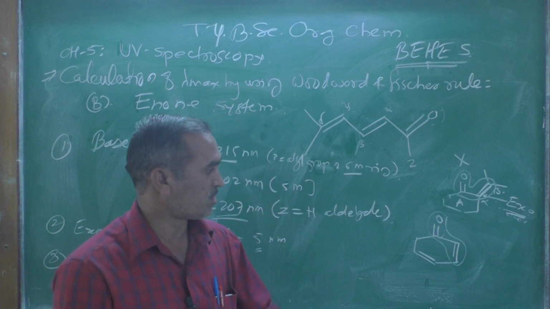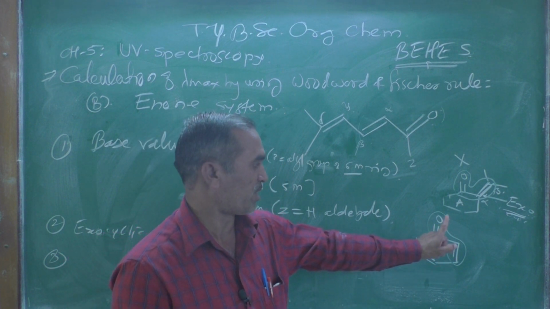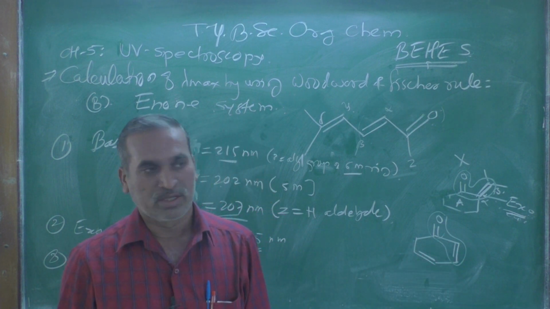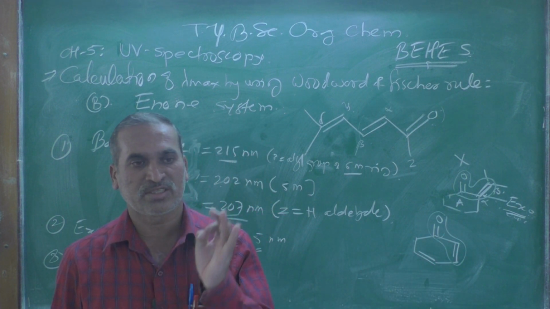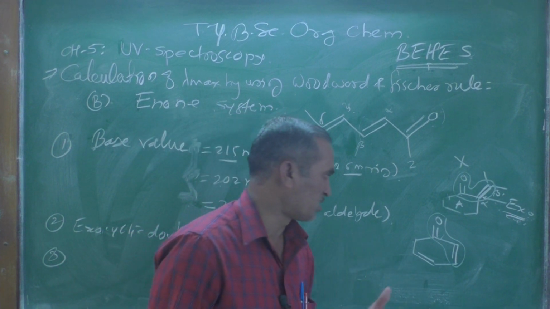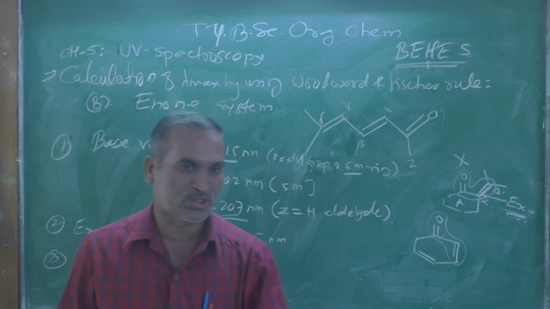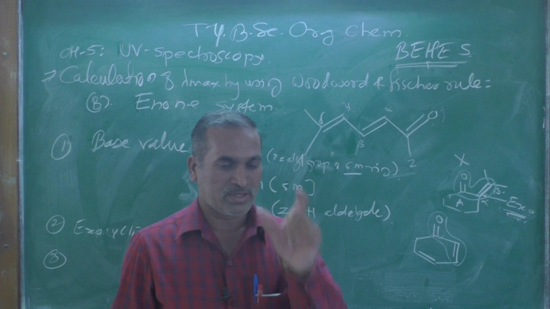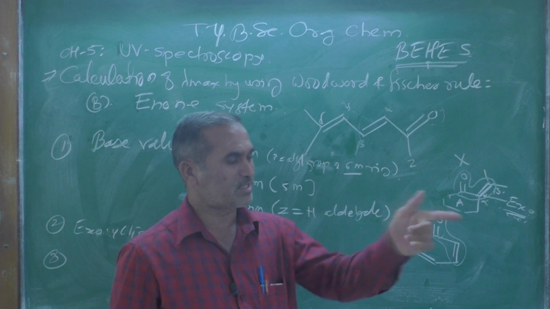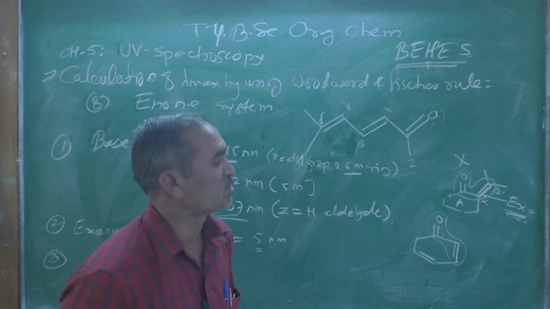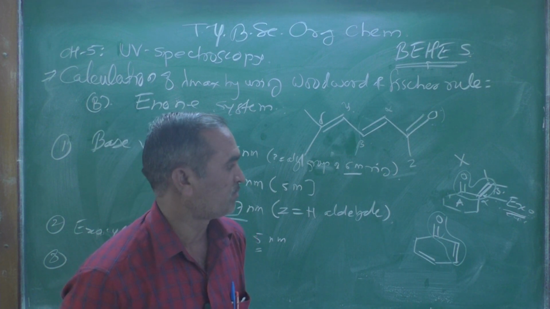Yes, an enone system is present: carbonyl group, single bond and double bond. Now once the enone system is there, there are the 3 base values. Then focus on that carbonyl group. That carbonyl group is involved in a 6-membered ring, and therefore you should take the base value as 215 nanometer.